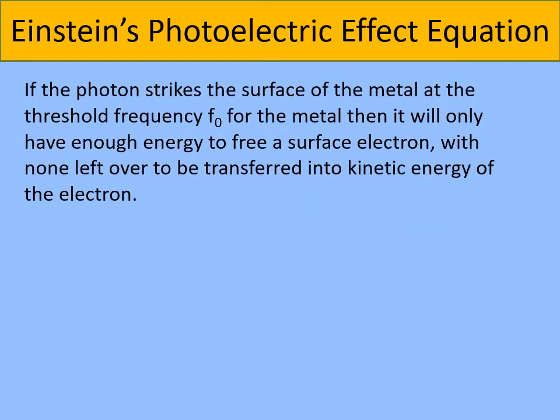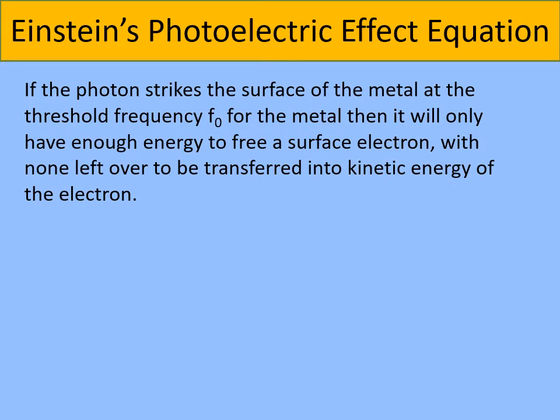If the photon strikes the surface of the metal at the actual threshold frequency f0 for the metal, then it will only have enough energy to free a surface electron, with no energy left over to be transferred into kinetic energy of the photoelectron. In other words, if the frequency of incident radiation has a value equal to the threshold frequency f0 of the metal, the kinetic energy of the electron is 0.